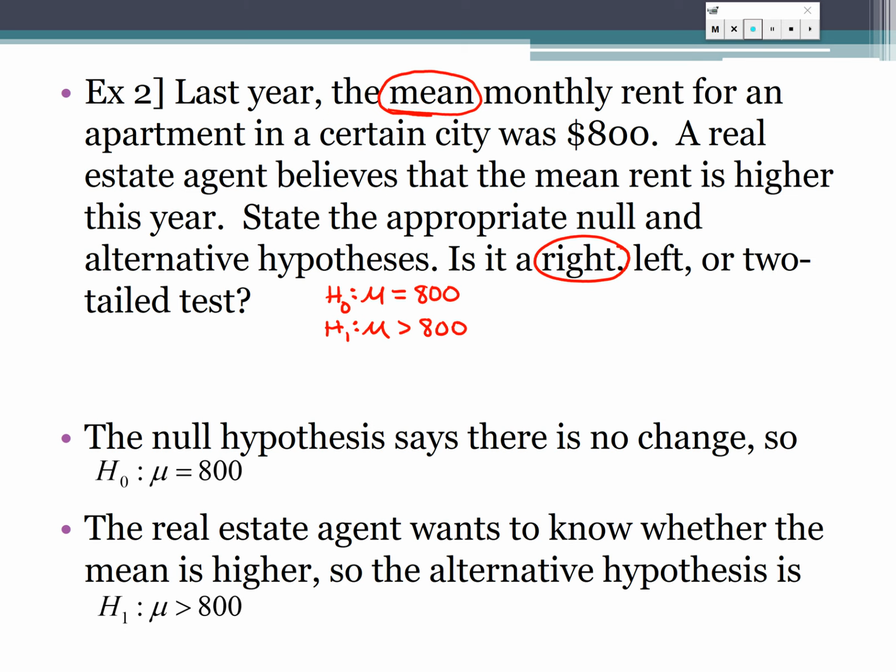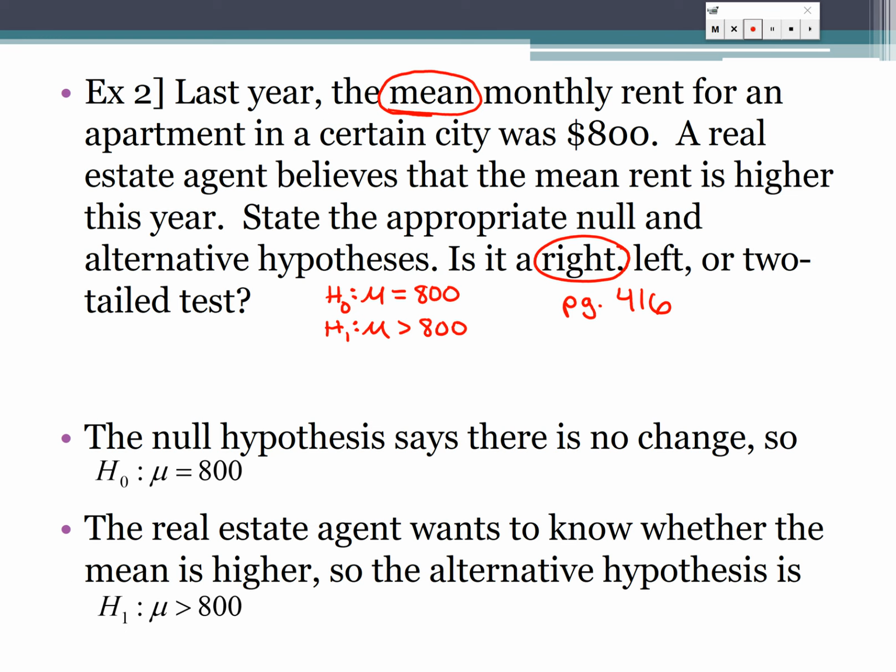When you start doing these yourself, there's also a little reference for you. It's in section 8.1, on page 416. There is a table of common phrases for hypothesis testing, and it shows you which inequality symbol they would go with.